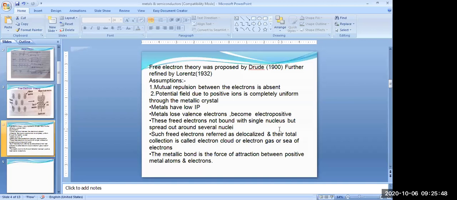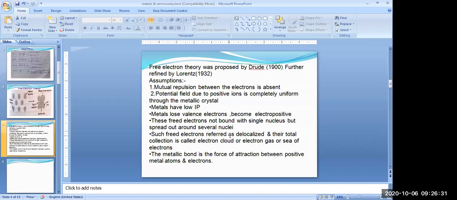That means the electron released by a nucleus does not belong to the same atom, but is spread out around several other nuclei. These freed electrons are referred to as delocalized, and the total collection is called an electron cloud or electron gas. Since plenty of electrons are there, the word used is a sea of electrons.